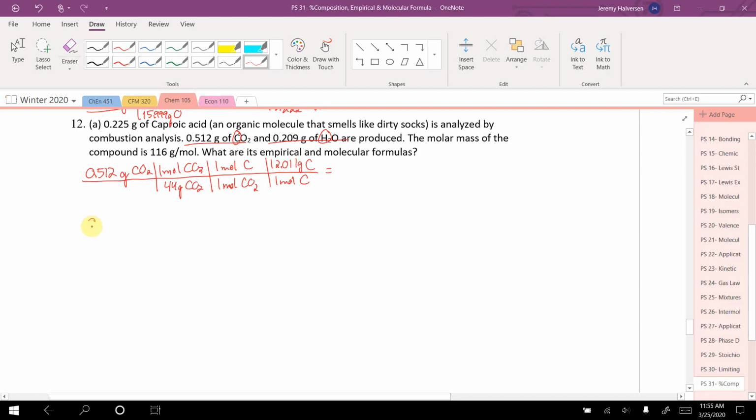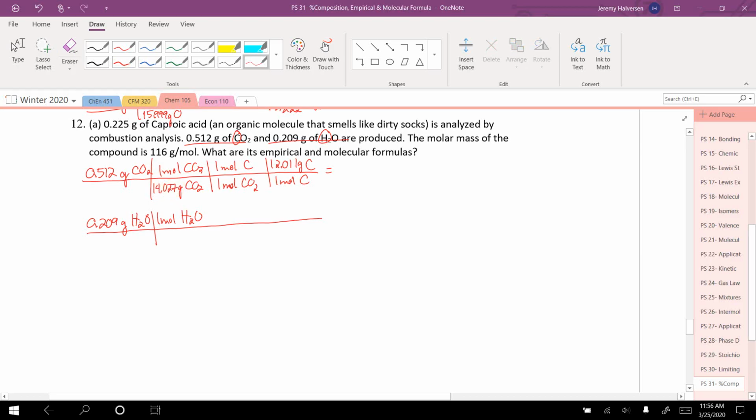Then our water. Water is, man, I didn't even carry them out. Look at me. All right, carbon dioxide is 14.03027.